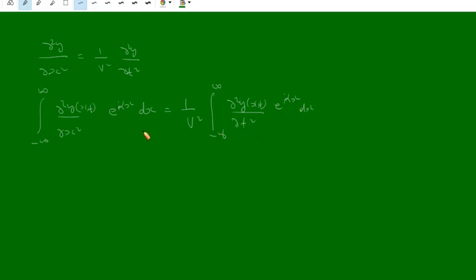Now this is equivalent to the Fourier transform of the derivative.